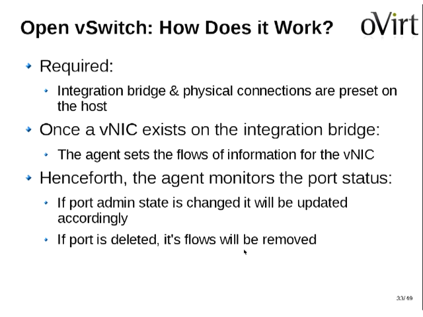The port in the bridge, let's say the virtual bridge that you have. So the agent monitors the state, and if the state changes, then the flows are updated accordingly. So if the port goes down on the bridge, then it has to cut the flow, etc.